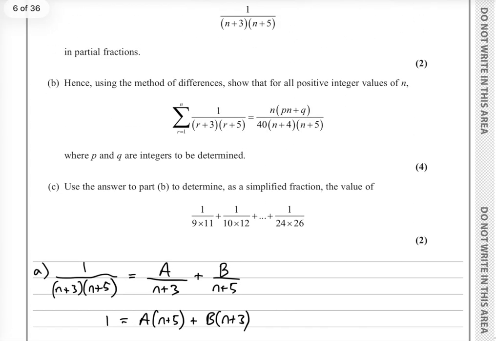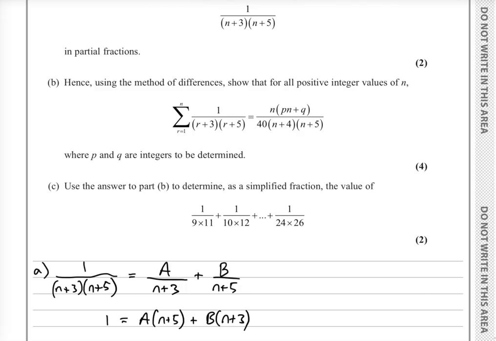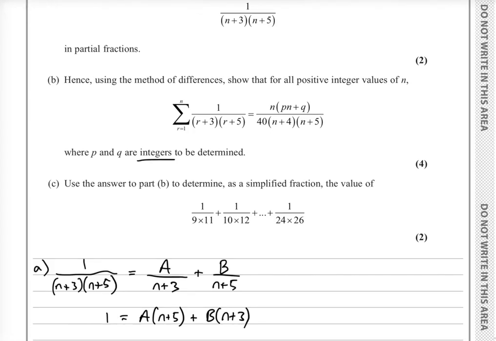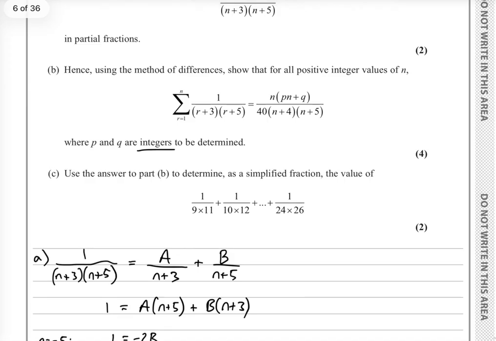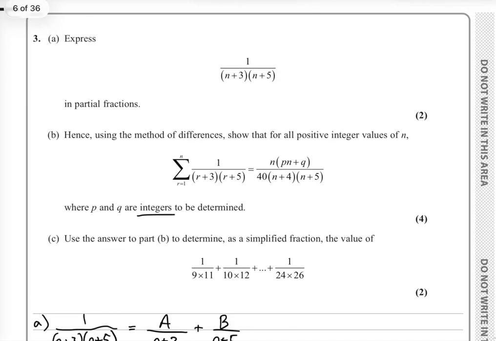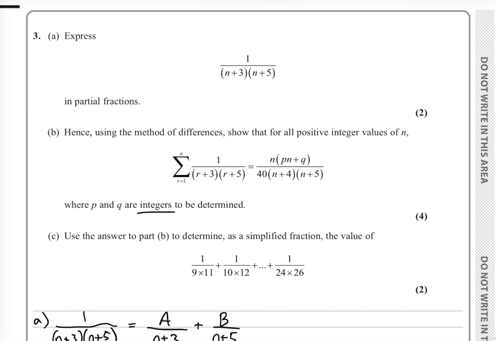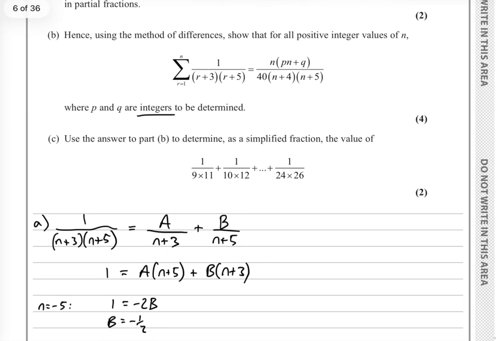On to part B, hence, using the method of differences, show that for all positive integer values of n, this thing is true where we need to find p and q, and they are integers. So we're summing from r is equal to 1 to n. As usual, I'll just quickly check that matches. It does, except they put r's instead of n's.